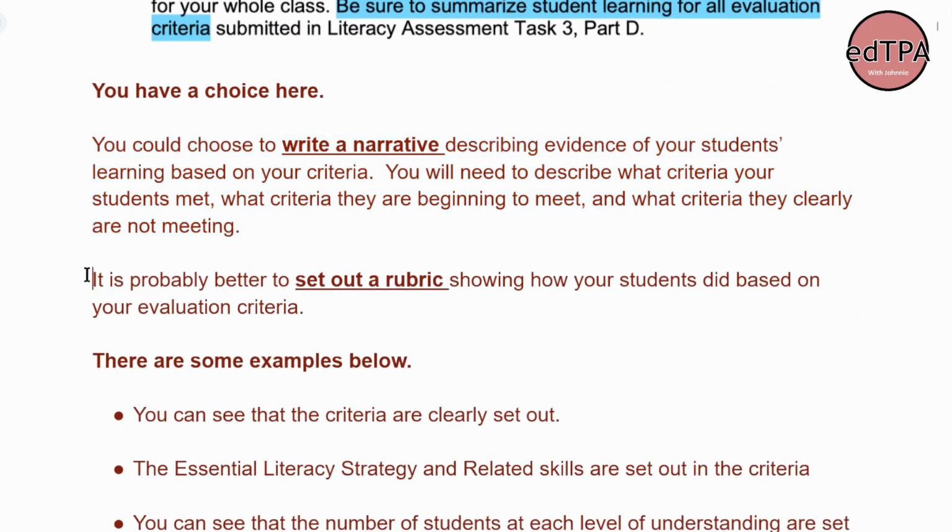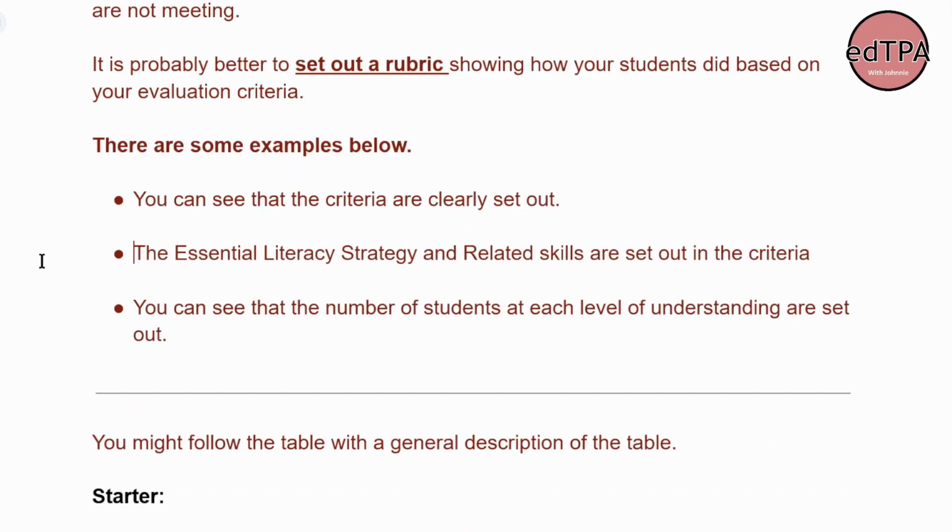I suggest that it is probably better to set out a rubric showing how your students did based on your evaluation criteria. There are some examples below, and we'll go over them in detail. You can see that the criteria are clearly set out. You can see that the essential literacy strategy and related skills are set out in the criteria. You can see that the number of students at each level of understanding are set out.